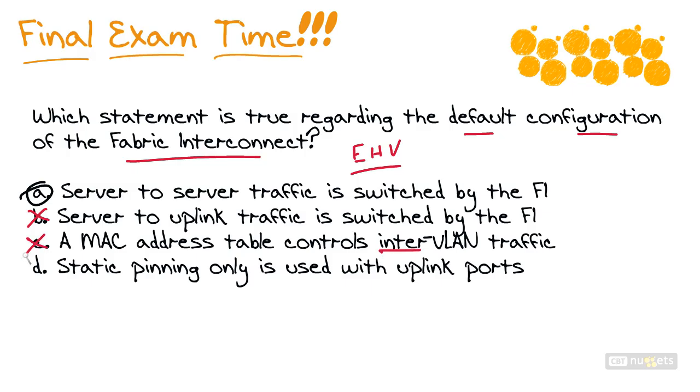So I don't like C. And finally, D: static pinning only is used with the uplink ports. No, we don't like that. We know we can statically pin using our pin groups, but we know by default it's going to be dynamic pinning in a round-robin type fashion on that particular Fabric Interconnect by default. So I love A. Server-to-server traffic is indeed switched by the Fabric Interconnect using a MAC address table on the Fabric Interconnect.